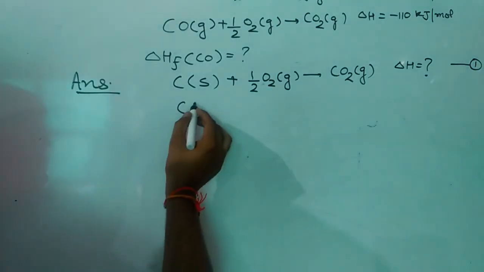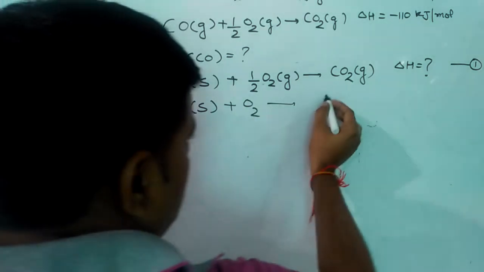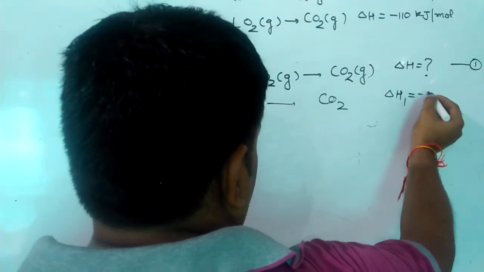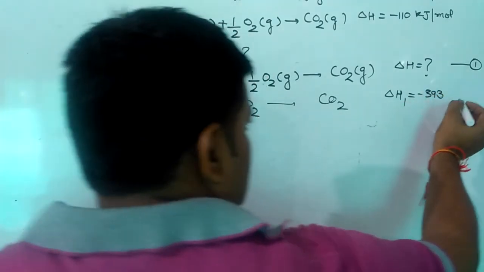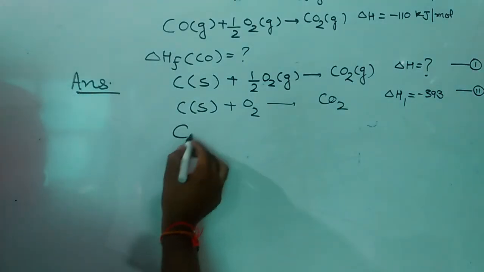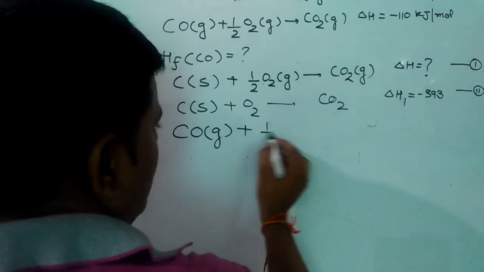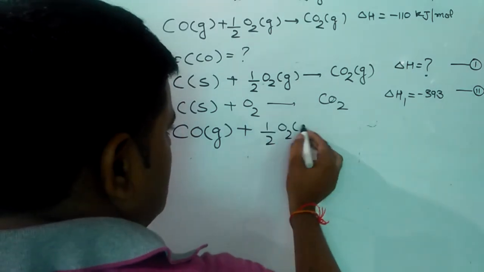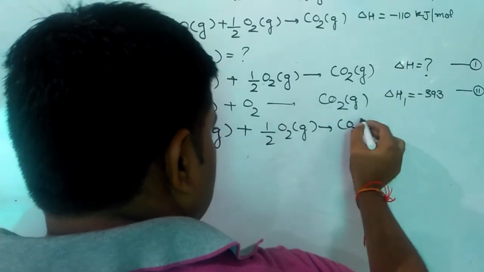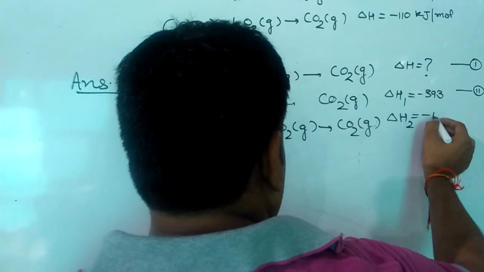Second equation is carbon solid plus O2 gives CO2. Delta H1 is given, that is minus 393. This is equation second. Third equation will be carbon monoxide gas plus half of O2 gas gives CO2 gas. Here delta H2 is minus 110 kilojoule per mole.